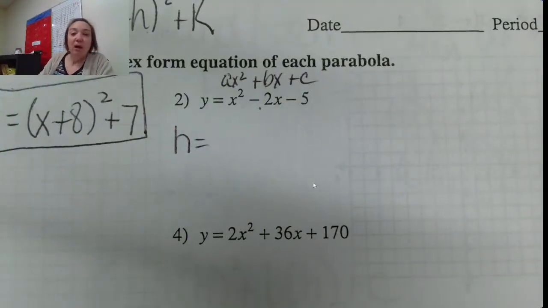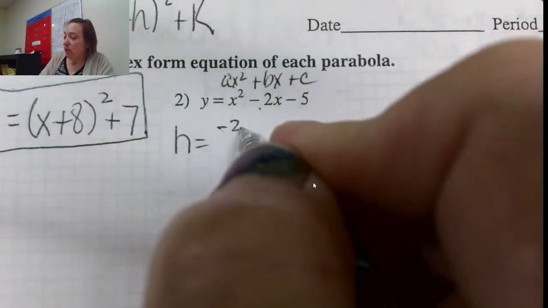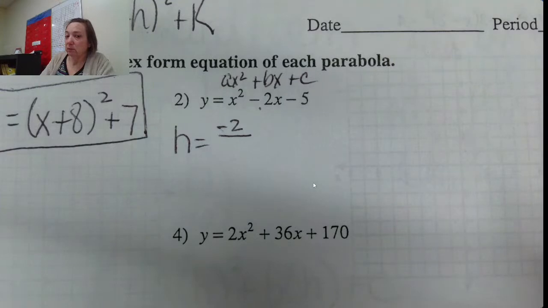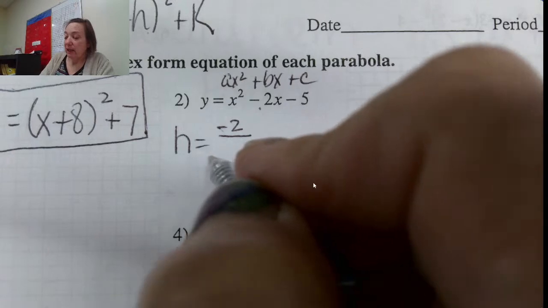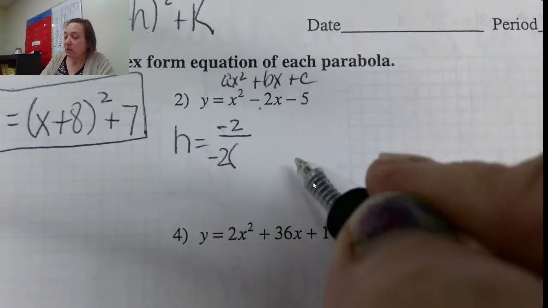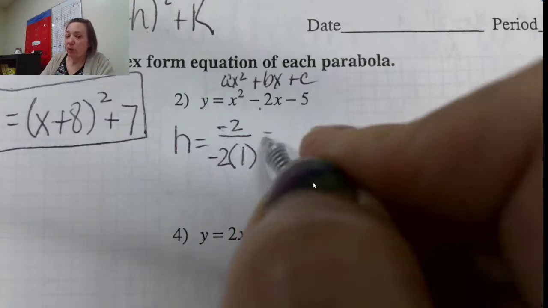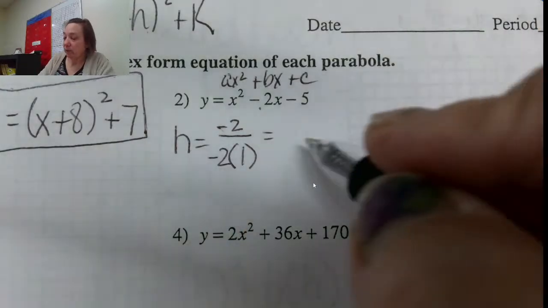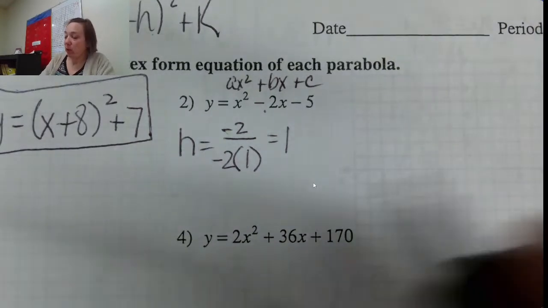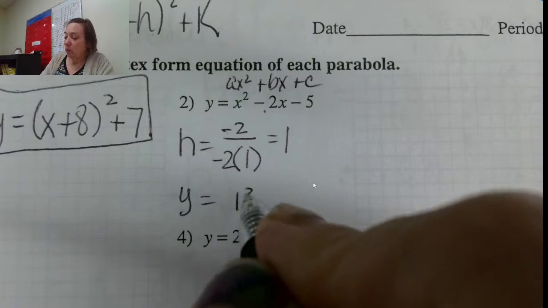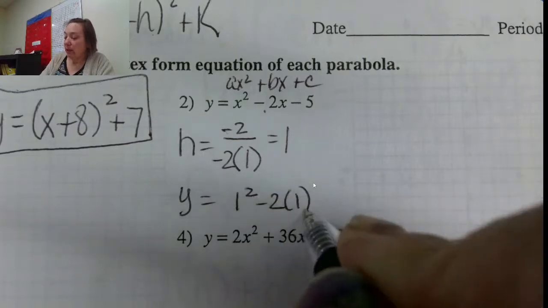So on the h, we're going to have negative 2 over... negative 2 times 1. What does that give us for h? 1. So our h is 1. So whenever we plug it in, this is what we have, right?